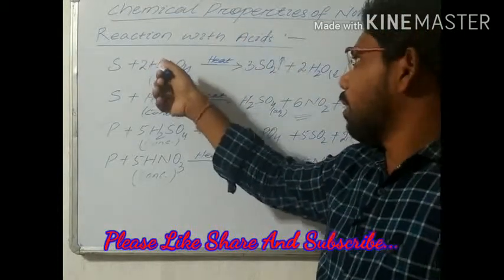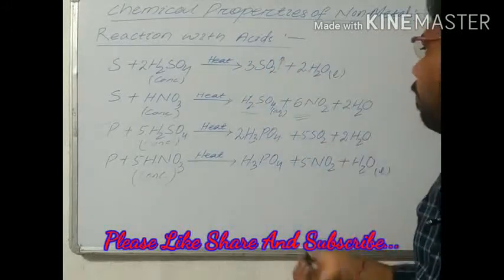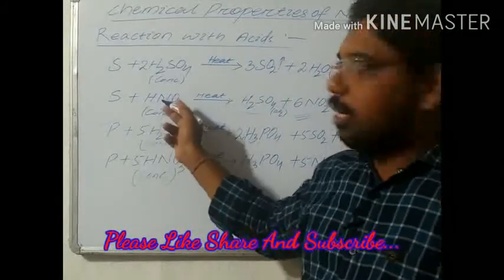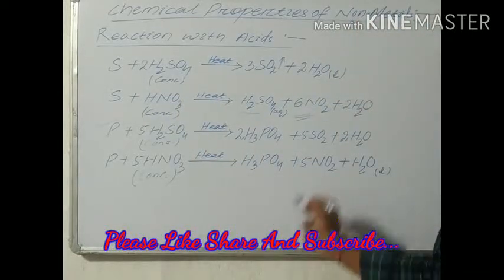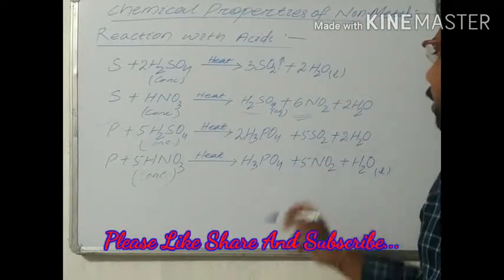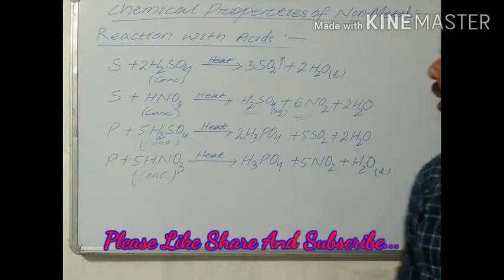With sulfuric acid, sulfur dioxide gas will be formed, and with nitric acid, HNO3, nitrogen dioxide gas will be formed. These gases are the most important, and questions will come from this topic.